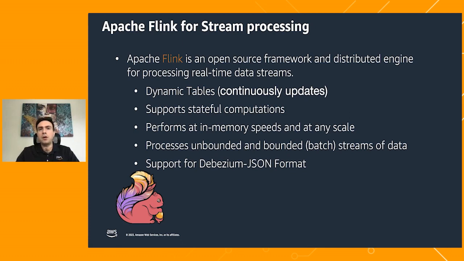It performs operations at in-memory speed, which is exactly what we need because we need a scalable and highly performant framework to work with the change data capture events. It does support the Debezium JSON format, which is one of the formats that you can produce CDC data.